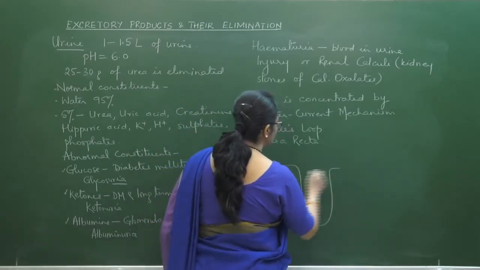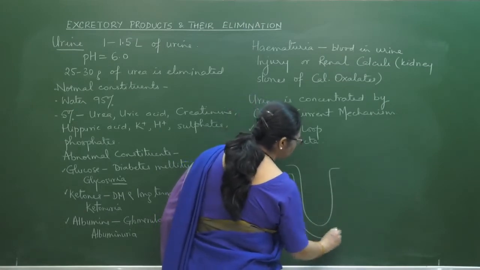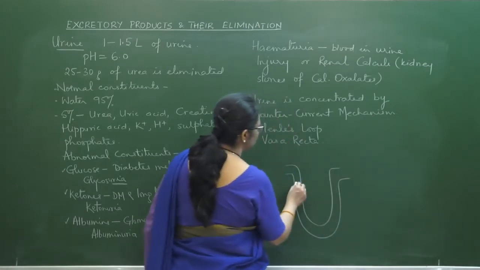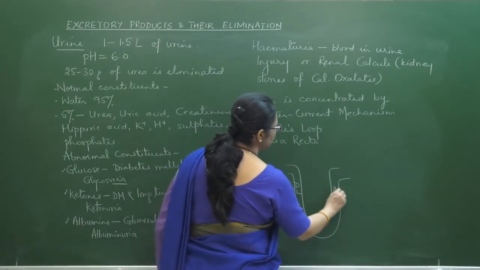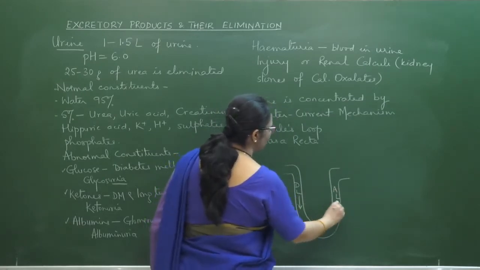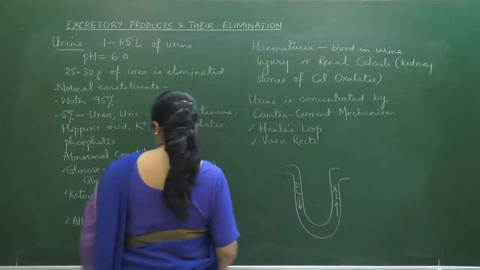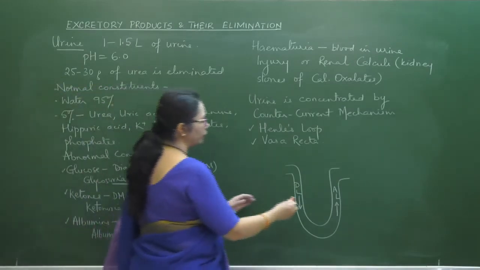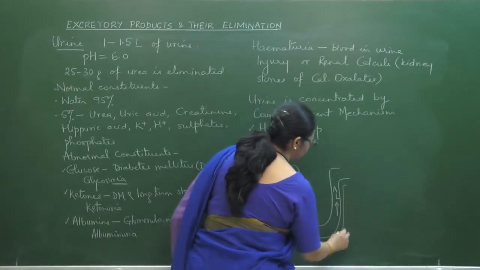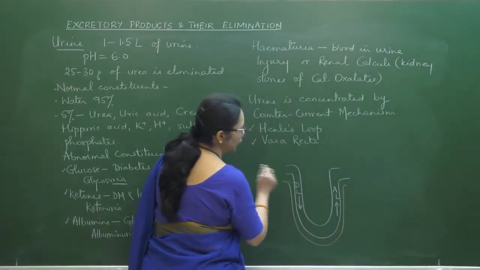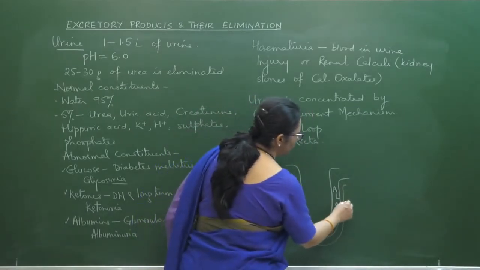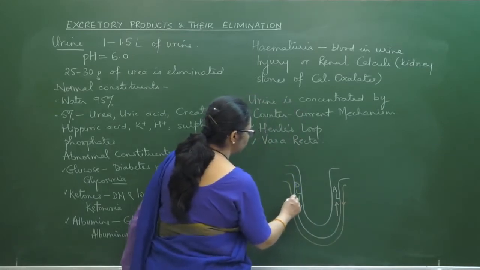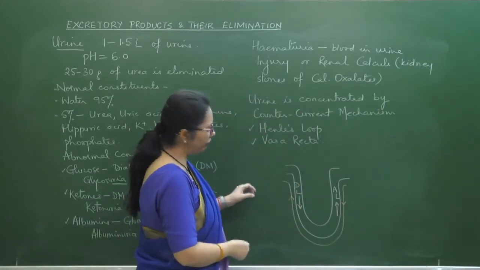Suppose this is the descending limb, this is the ascending limb. Here fluid is going down, here it is coming up, and surrounding it the vasa recta is there. Here the blood flows down, here blood is flowing up and then moving on into the venule.